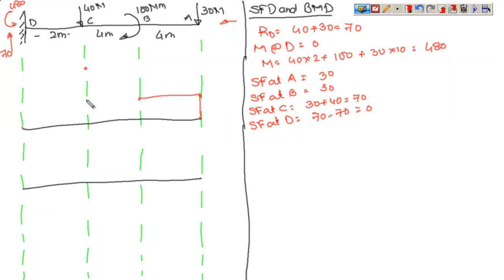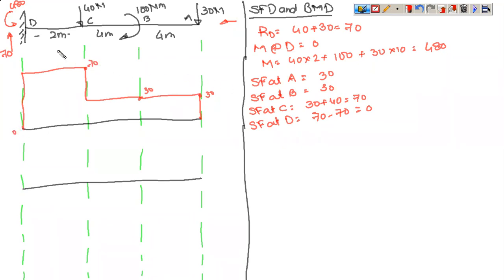From B to C also it remains constant because there is no force involved. It goes up due to the interaction of this force. Again it remains constant because there is no force involved, and the figure closes down. So this is your shear force diagram. Let us mention the values. This is 30, this is 30, this is 70, and this is 0.